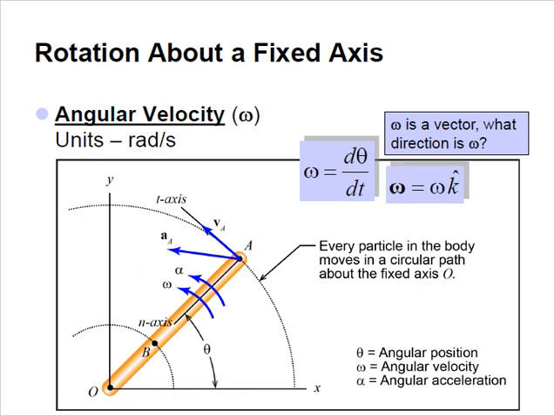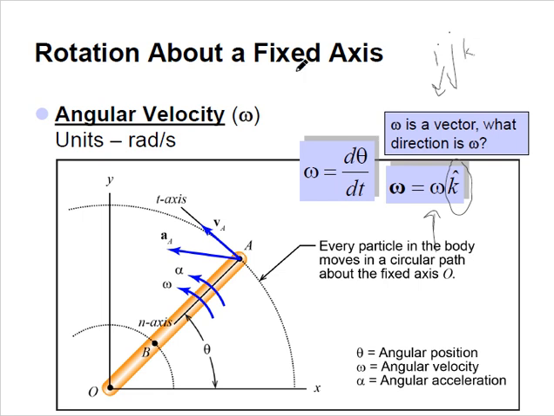Okay. All right. So now we are going to get into the direction of that angular velocity. And mathematically, we define the direction by using i, and then j, of course, and then k. So that is your x, y, z.